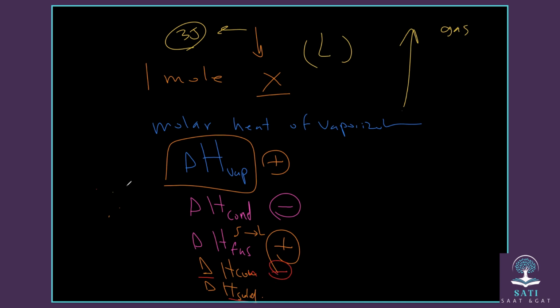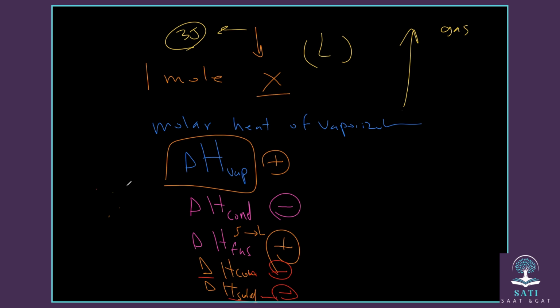And here, solidification, that means you change from liquid into solid. So in this case it will give out heat. So that means in this case it will also be what?